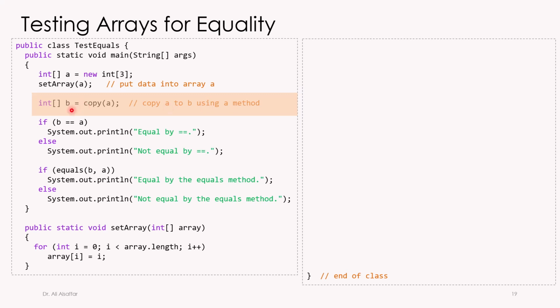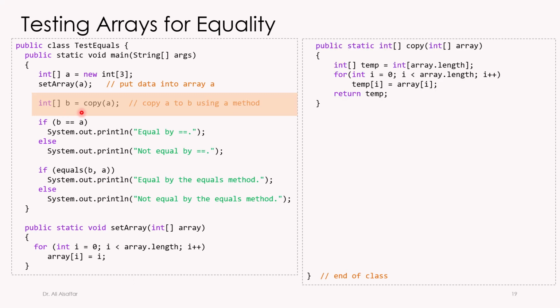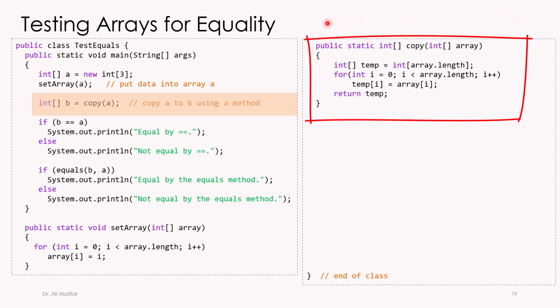This is how array A, which is the source array, is copied into B as the destination. See how we are defining the integer array B and the equal sign. That means the return value of the method will be assigned to B. Let us see the implementation of the method copy. This is the implementation of the method copy.